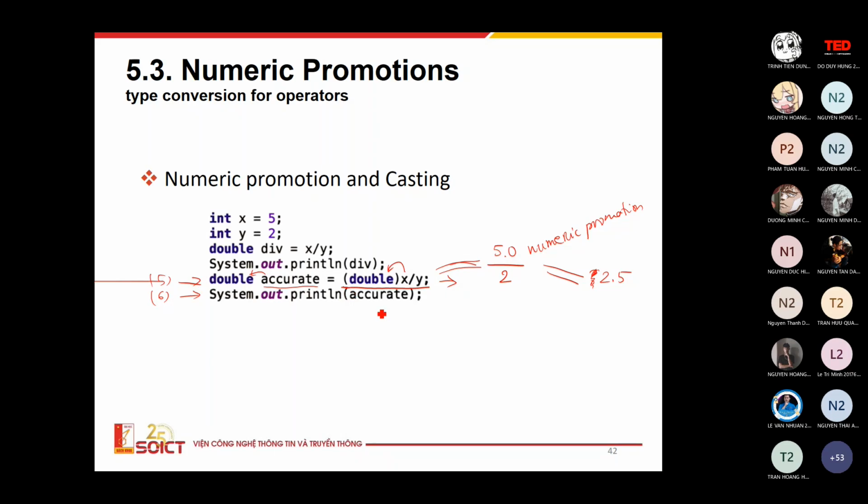So again, you see in one comment, you have the casting, then the numeric promotion. In the third slide, you have the numeric promotion, then the casting.